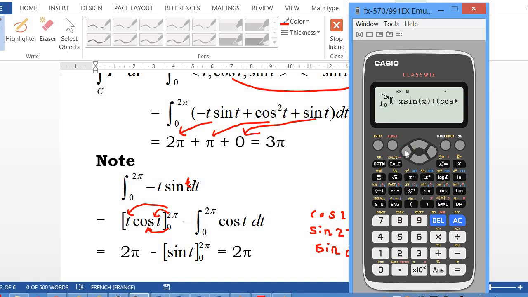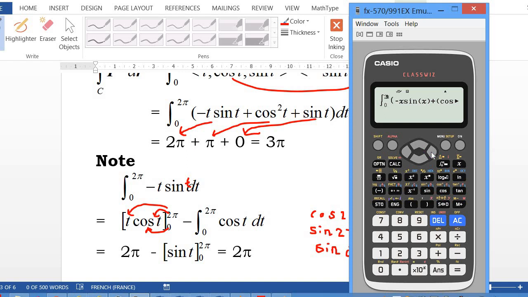Let me check. Negative x sin x plus cos x, open close, and then plus sin x.